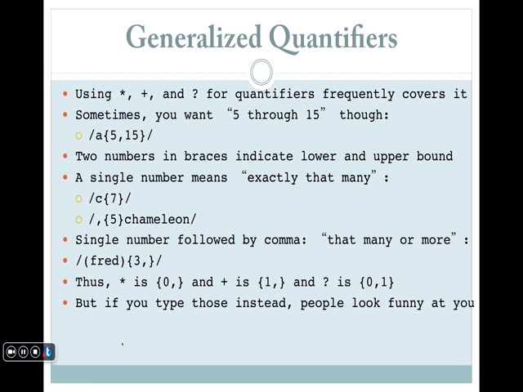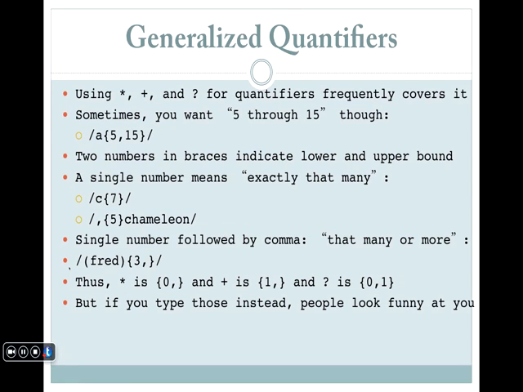Okay, what else? We saw the quantifiers, the star and the plus. There is a more generalized way to use those to make them more specific. So here, for example, I am saying I want specifically the letter A to be repeated from 5 to 15, specifically, either 5, 6, 7 to 15.